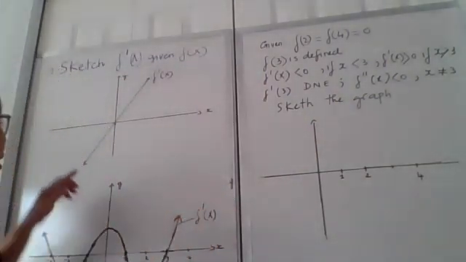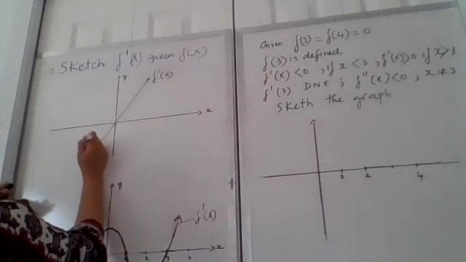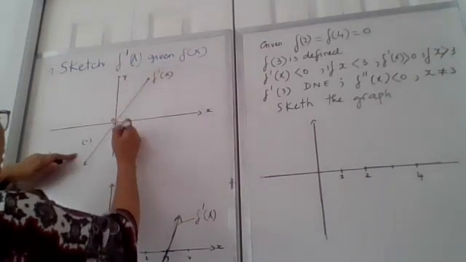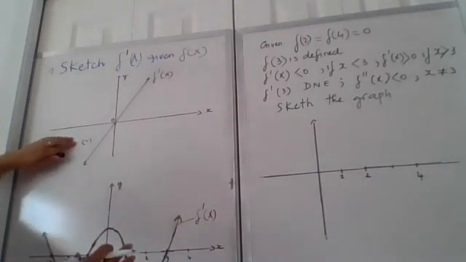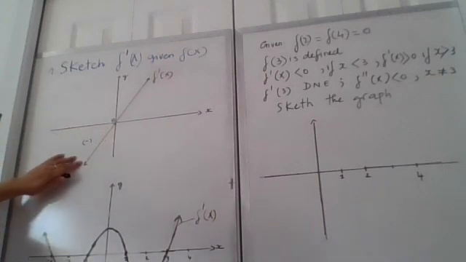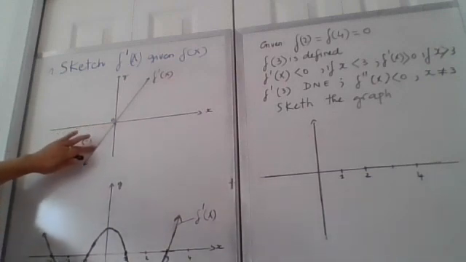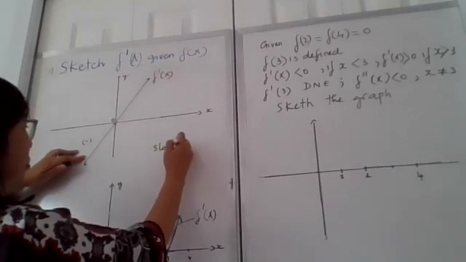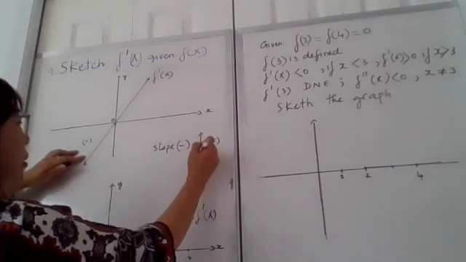Okay, out of the clue, so let's think. This indicates that this is in the negative quadrant, right? From 0 up here is positive y, and from 0 down here is negative y. So we know this is negative. Now, if the derivative graph is in the negative quadrant, it means this is a negative slope. So what happens for a negative slope?